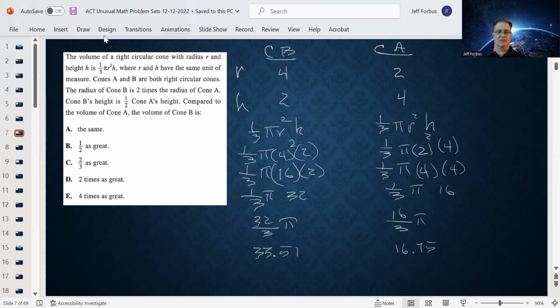Compared to the volume of cone A, the volume of cone B is what? 33.51 divided by 16.75 is 2. So cone B is 2 times as great as cone A, which leads us to answer choice D, 2 times as great.